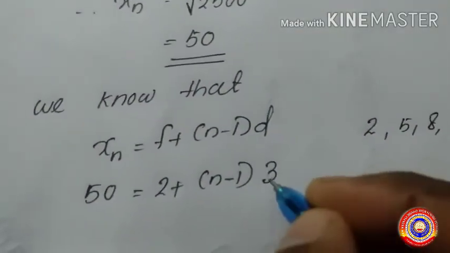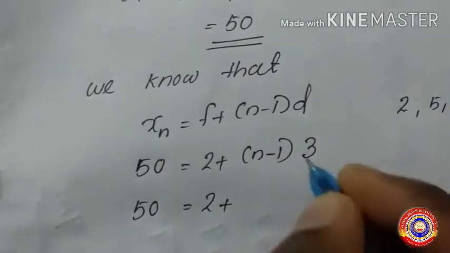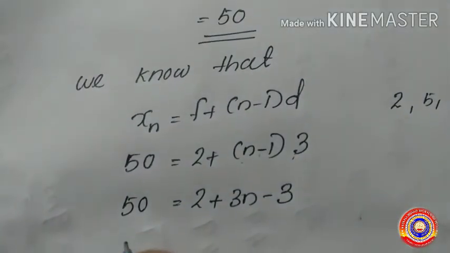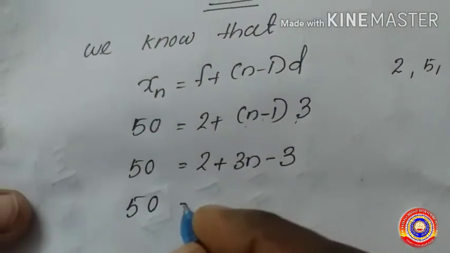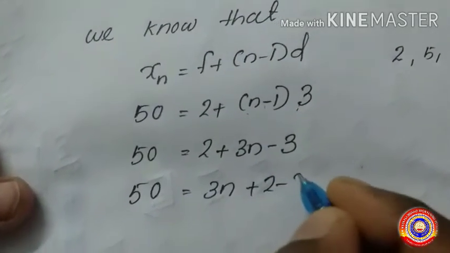Common difference 3. 50 equal to 2 plus 3 into n minus 1, that is 3n minus 3. 50 equal to 3n plus 2 minus 3.